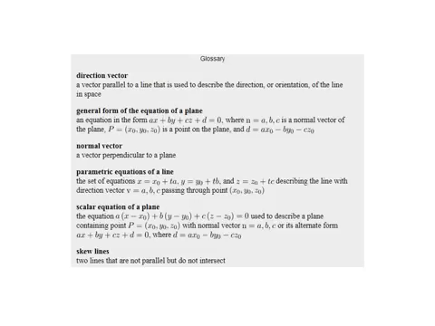Similarly, we have another definition, skew lines. The two lines that are not parallel but do not intersect are called skew lines.